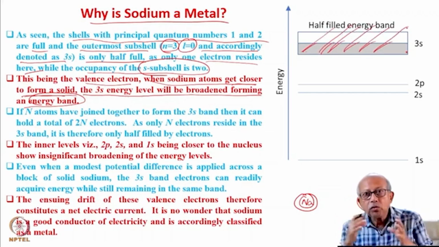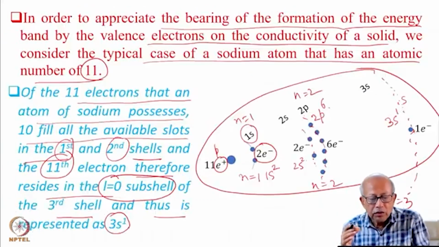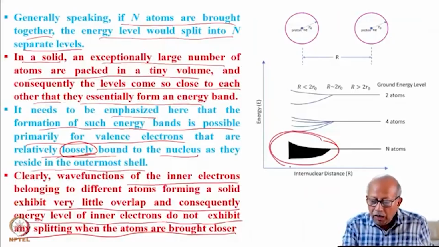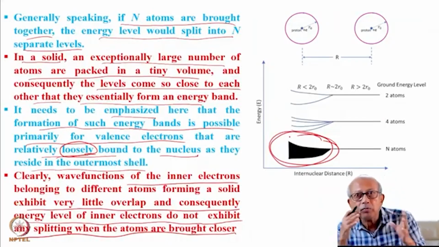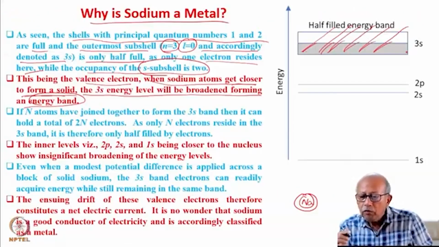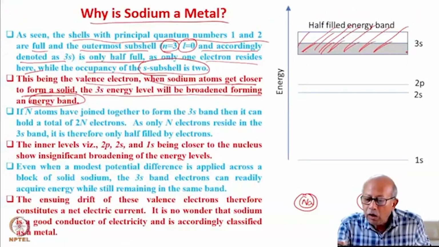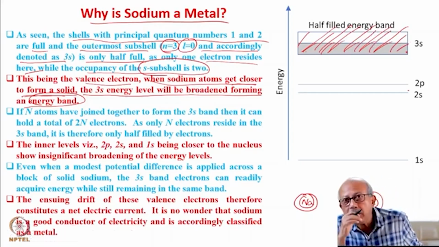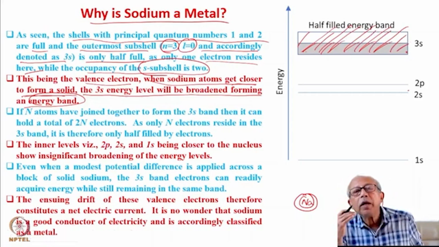When they are brought closer to each other, just as it happened for hydrogen, when two, not two, many hydrogen atoms were brought close. So the same thing happens for sodium, the outermost energy level, which is where the electrons are most loosely bound.